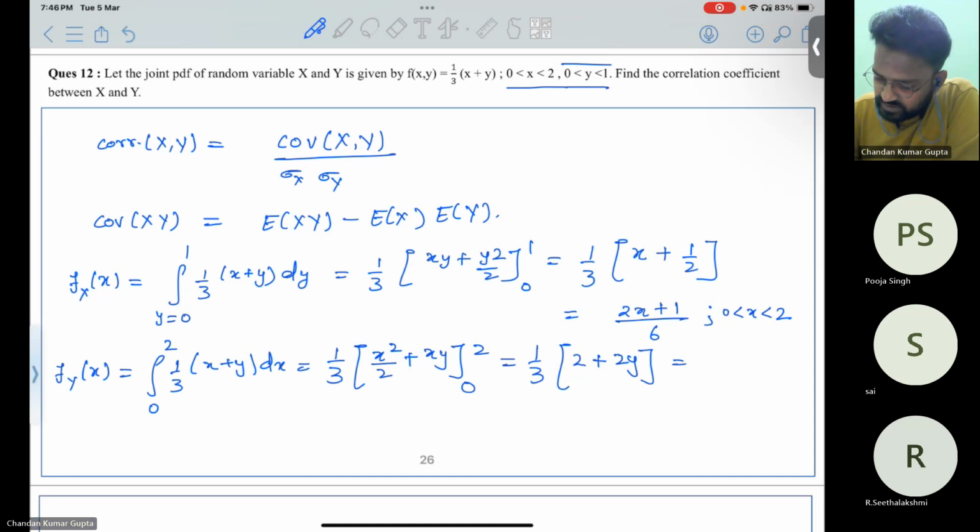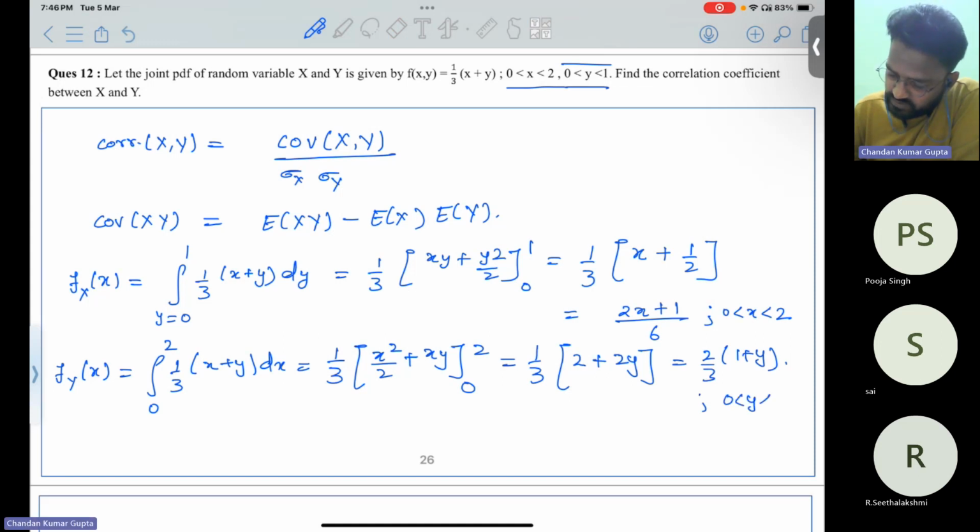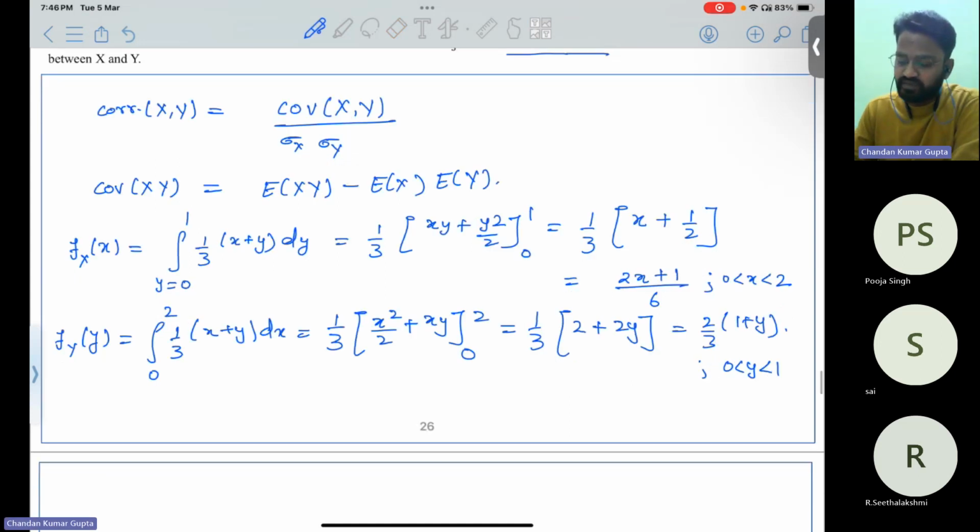Simply we can write it like this: 2 by 3 (1 plus y), for y equal to 0 to 1. Okay, so the marginal of x is (2x plus 1) by 6, and the marginal of y is 2 by 3 (1 plus y).